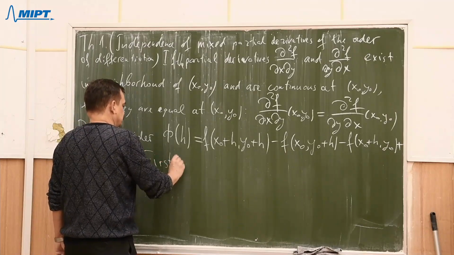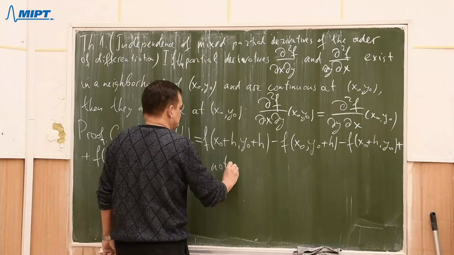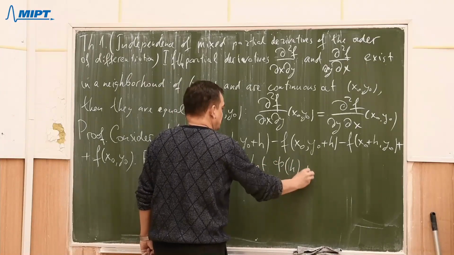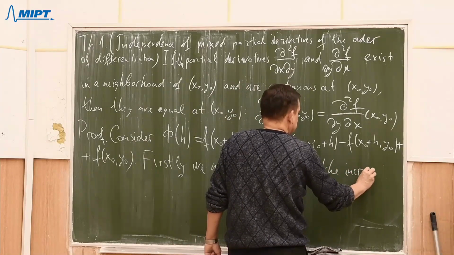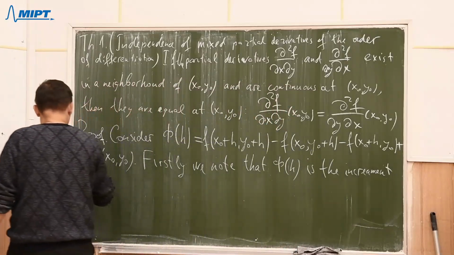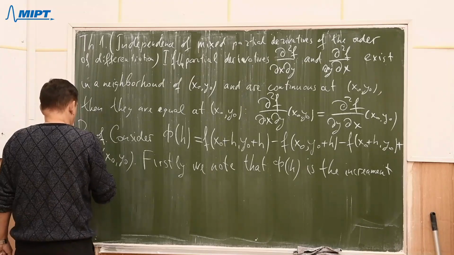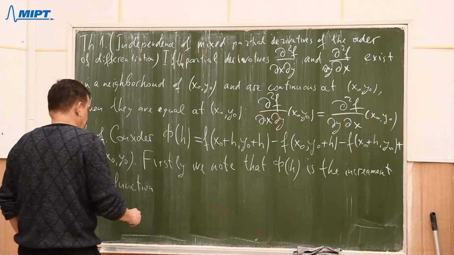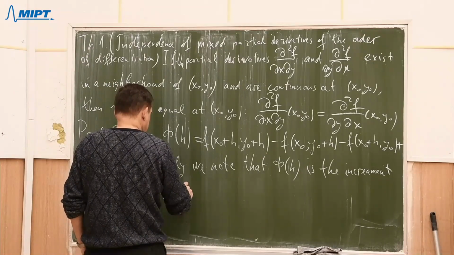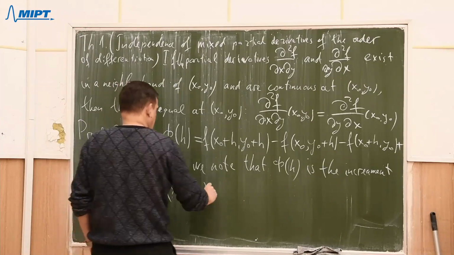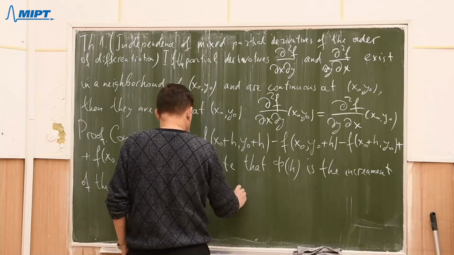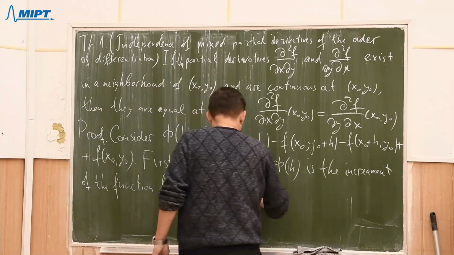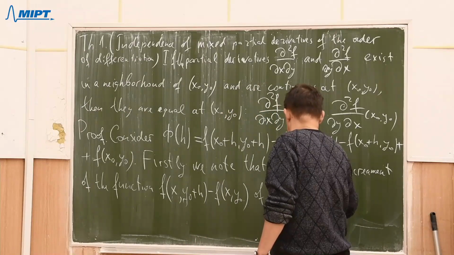Firstly, we note that Phi of h is the increment of the function, which function, okay, let me write, f of x, y naught plus h minus f of x, y naught, of the variable x.